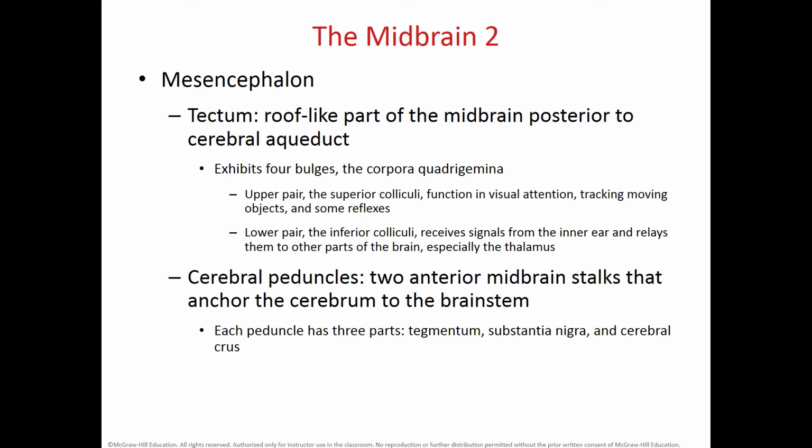Within the mesencephalon, we have the tectum, which is a structure that looks like a roof, and it's posterior to the cerebral aqueduct. Within the tectum, we have a structure that is called the corpora quadrigemina. It has the superior colliculi, or upper pair, that is important for movement of the eyes, so you can have visual attention, you can track moving objects, and you can have some reflexes.